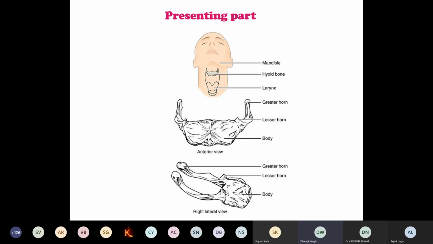Anteriorly, we see the quadrangular, broader area, that is the body, and posteriorly an irregular cylindrical portion runs, that is the greater horn or cornu, and at the junction of it, we see the lesser horn. So the parts of the hyoid bone are the body, greater horn or cornu, and lesser horn or cornu. From the lateral view also you can see the body, lesser horn and greater horn.